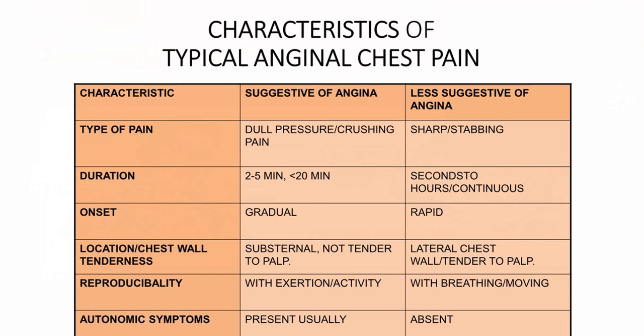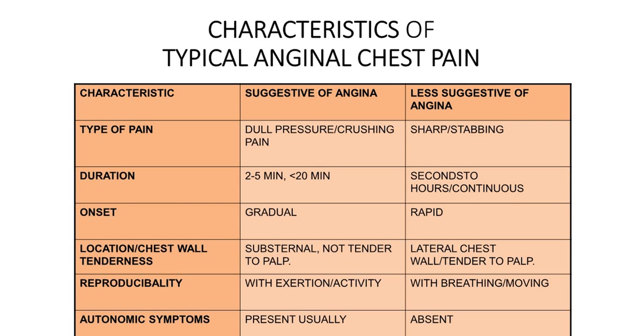The difference between typical angina and non-cardiac chest pain we have already discussed many times before, but still I am repeating it again. It will be helpful to you. Typical pain in stable angina, or angina pectoris, is heaviness, a suffocating sensation, as if someone is sitting on the chest. While in non-cardiac chest pain, usually it is stabbing in nature, or a sharp, pricking pain.